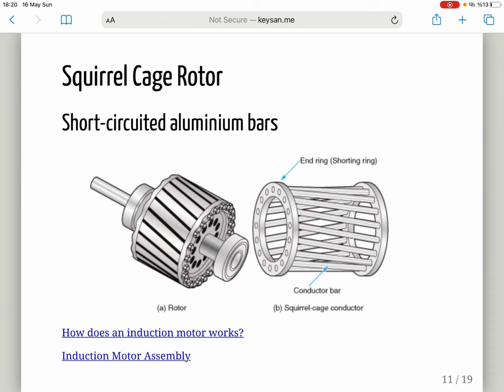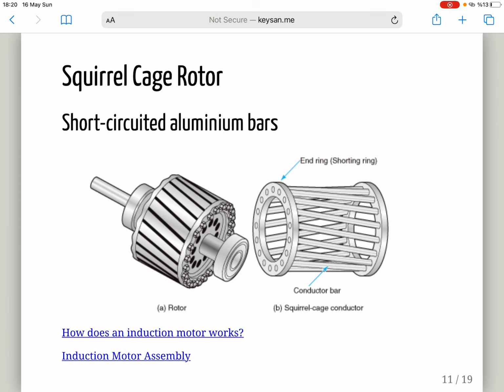To maximize the field, you can put some iron magnetic steel laminations around those bars to reduce the reluctance and increase the inductance, so it will increase the performance of the induction motor.